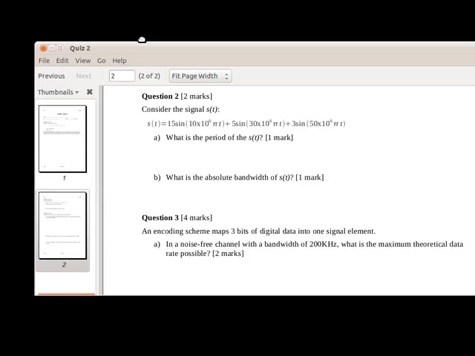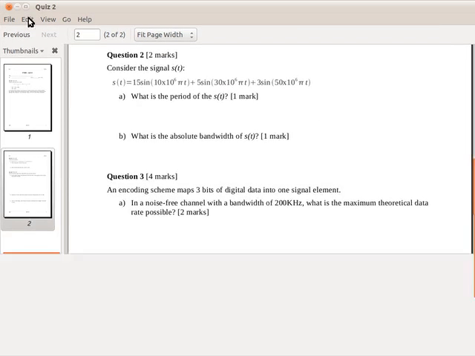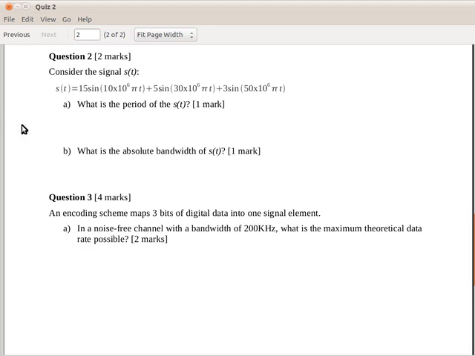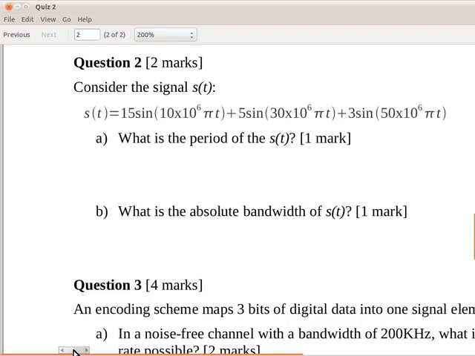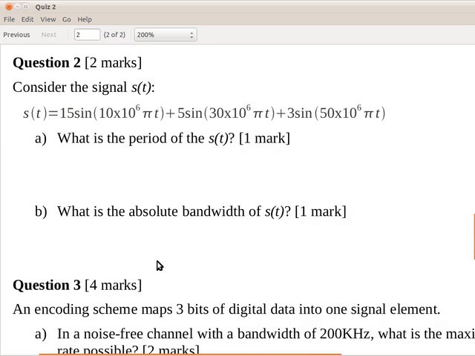One more question. The top question. Here's another signal.